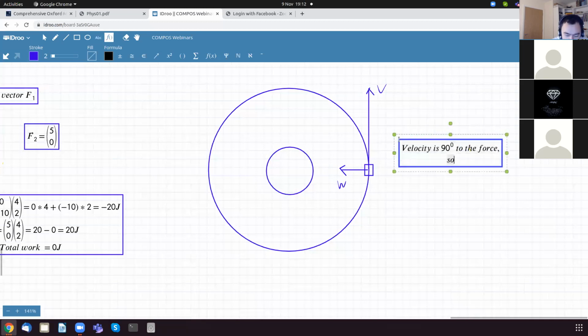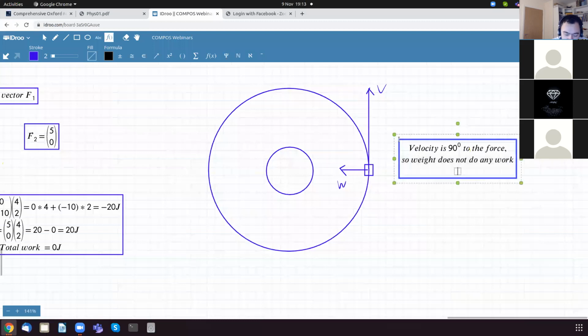So gravity, so weight, does not do any work. That means the kinetic energy does not change, because if weight was doing work, the kinetic energy of the satellite would increase, but the kinetic energy does not change.